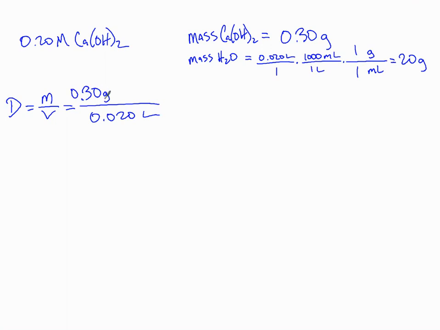So when we're talking about the density of this solution, it's the mass of the calcium hydroxide plus the mass of the water. And here we're going to have a number in grams per liter.